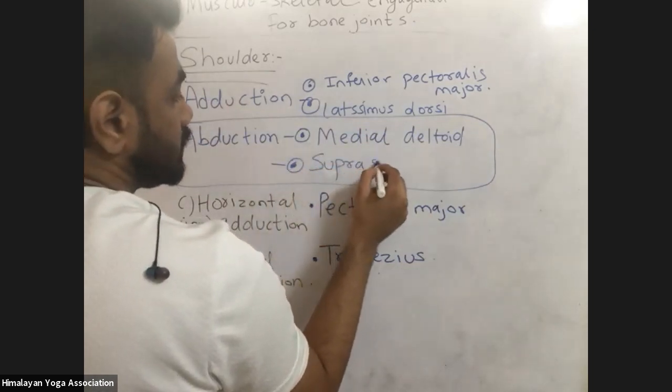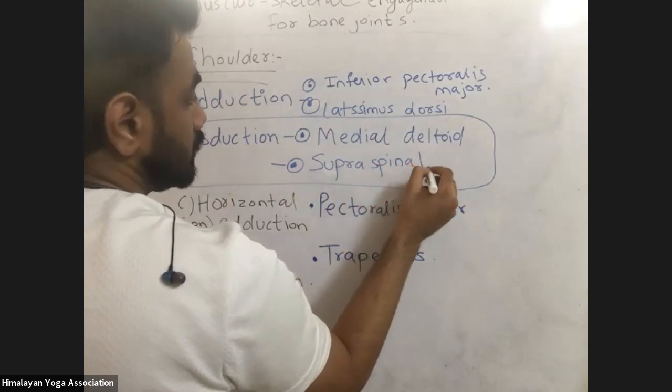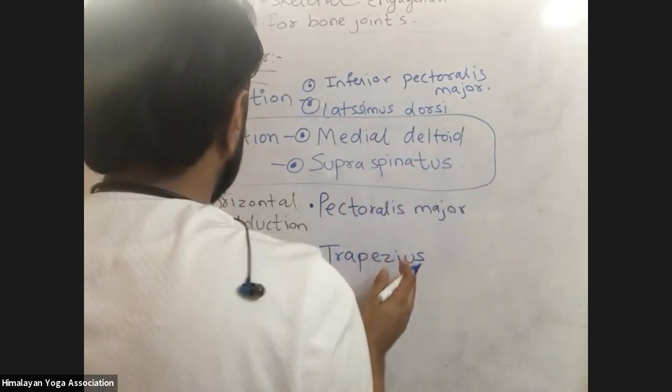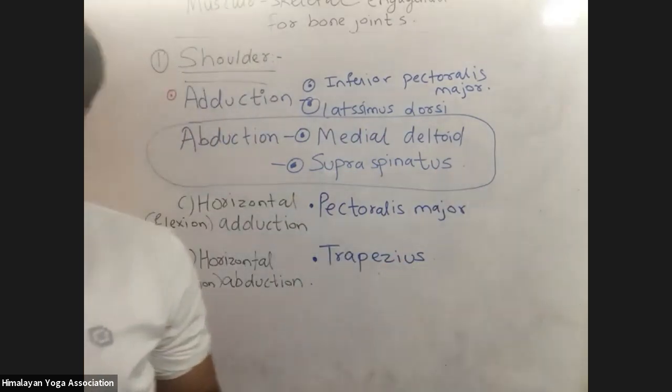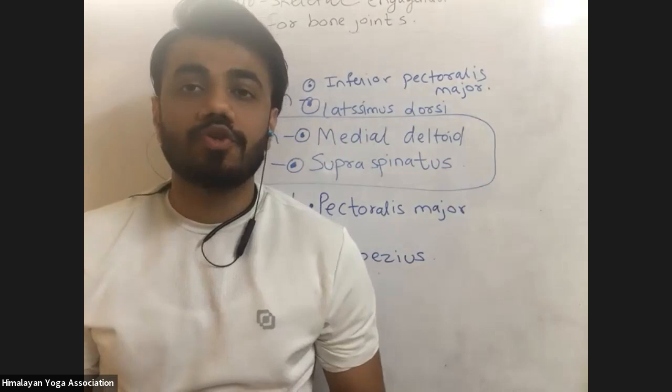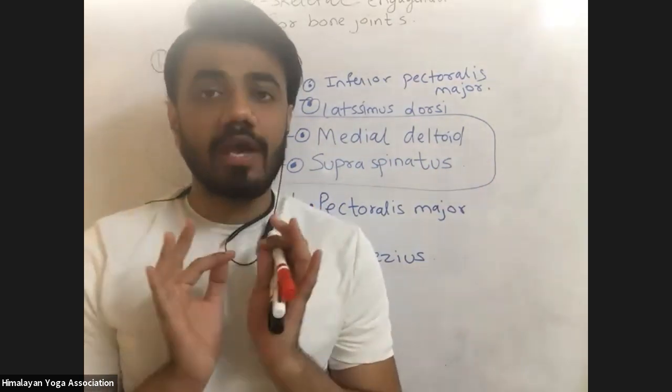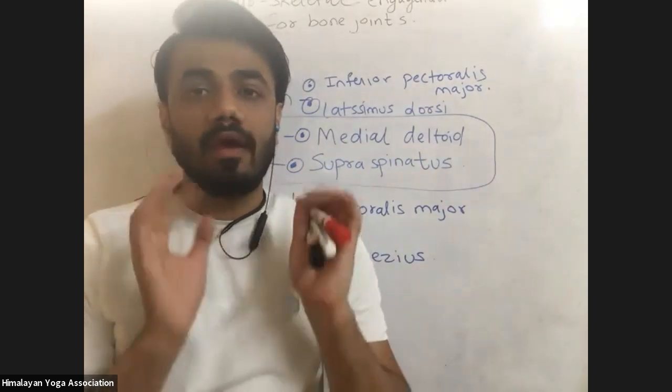This is what your supraspinatus muscle does, just below your deltoid. Okay. So what movements up till now have we seen of our shoulder joint?